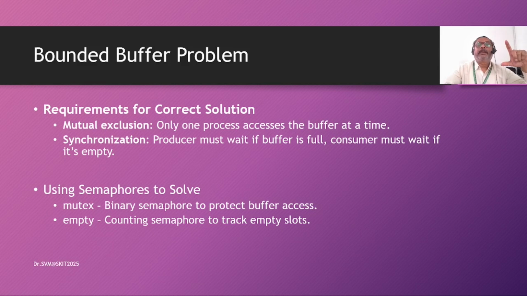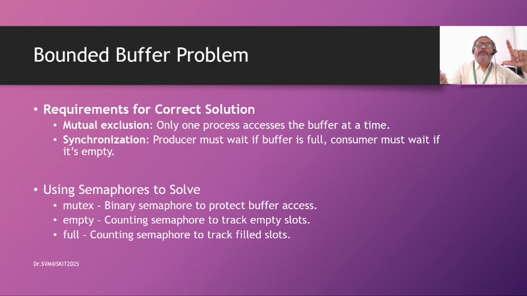This will help us on the producer side. If any slot is empty, yes, we can write something. If nothing is empty, we can't write. In the same way, we count how many slots are filled. If any slot is filled, then yes, there is data to be read by the consumer.